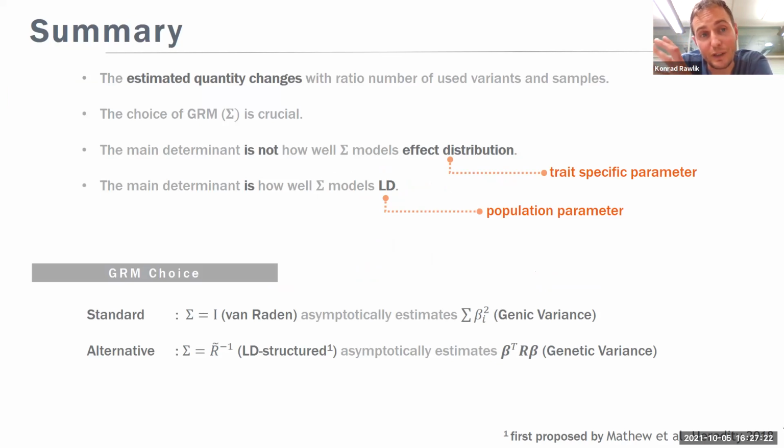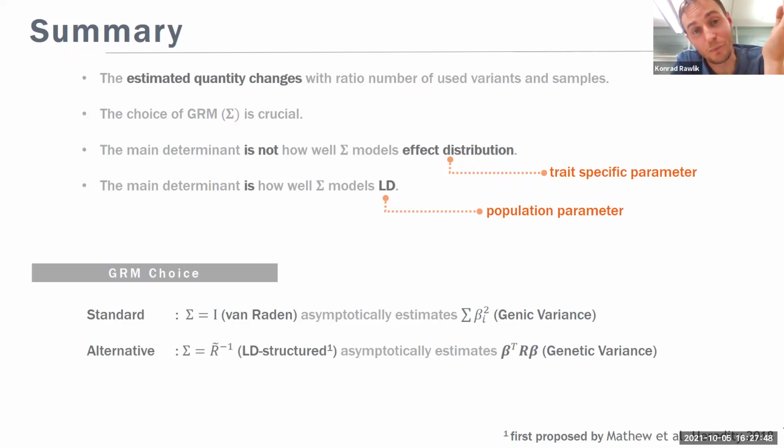In particular, and this is maybe a bit counterintuitive because it goes against the normal assumption that, in the limit of large samples, priors don't play a role anymore. What we have here is that actually, as the sample size grows and grows and grows, the prior that you chose for the SNP effects becomes more and more important and dominates, in a sense, the quantity that you're estimating.